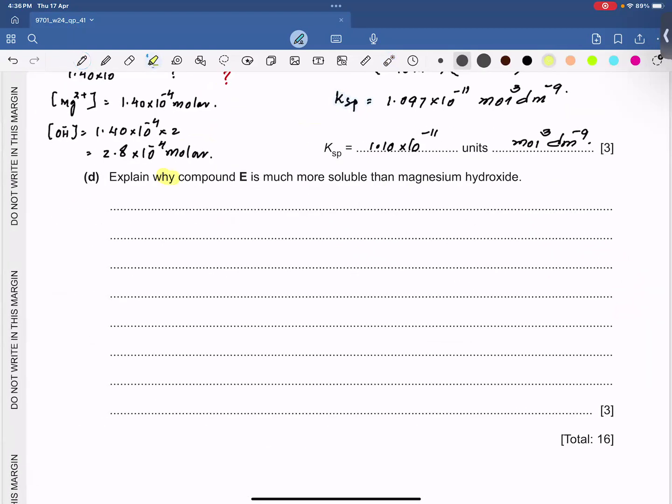Explain why compound E is much more soluble than magnesium hydroxide. Down the group, ionic radius increases.